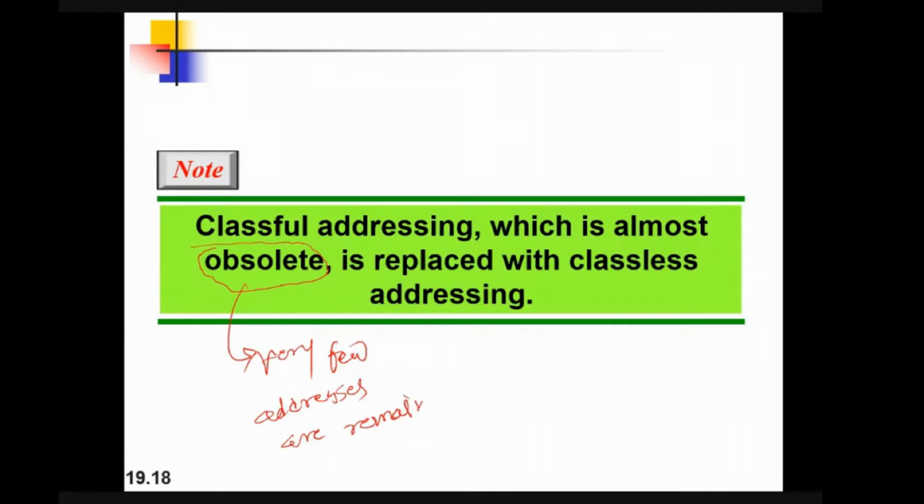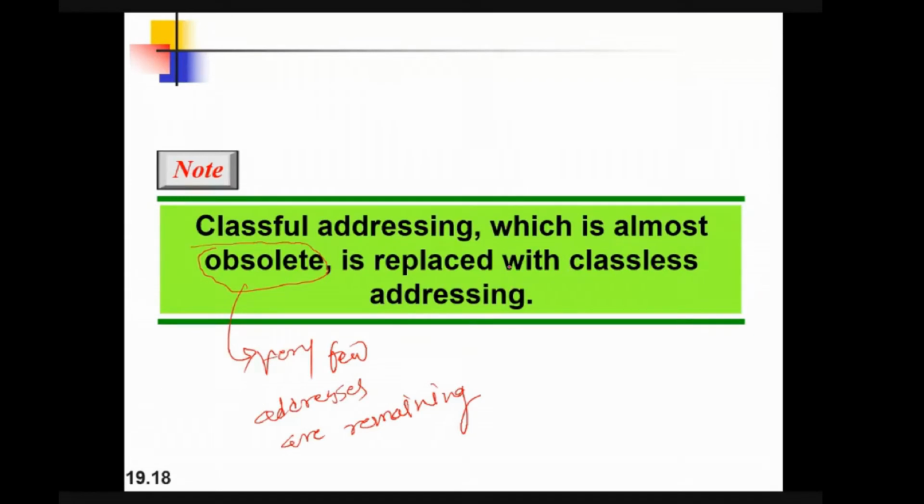Most of the IPv4 addresses are utilized by different organizations, and there are very few addresses now. So classful addressing, which is almost obsolete, is replaced with classless addressing. Whatever addresses remain should be utilized efficiently.